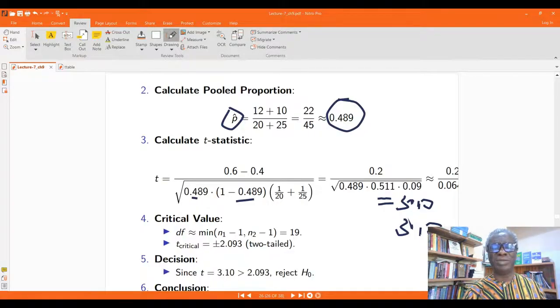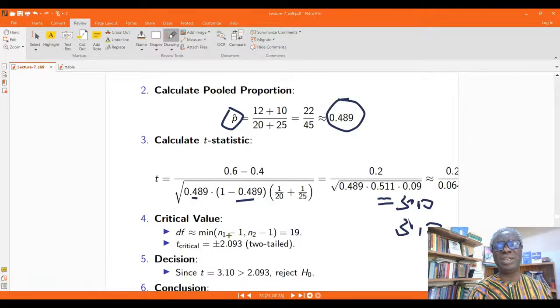So you have to now look at the T table. The degrees of freedom in this case is approximately the minimum between N1 minus 1 and N2 minus 1.